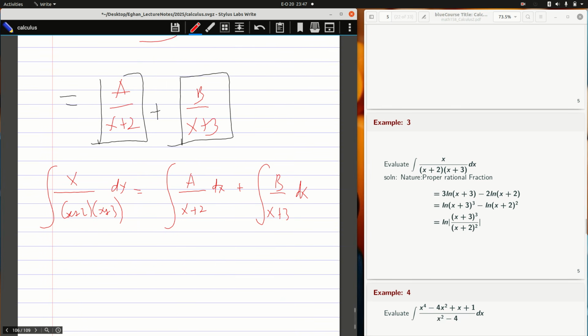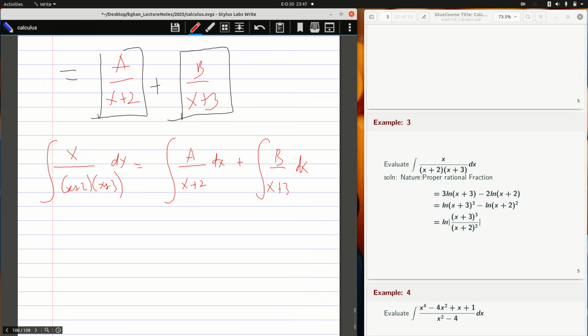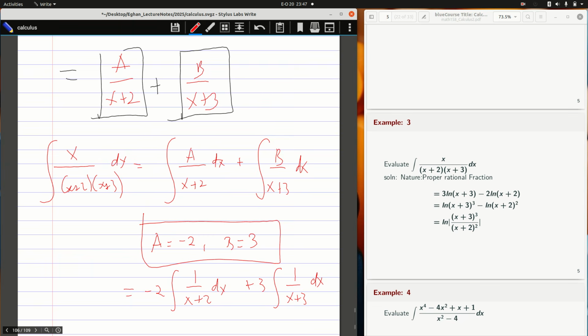From what I have here, it's as if I had a to be -2 and then I had b to be 3, and this is the same as -2 out, 1 over x plus 2 dx, and then plus 3 out, 1 over x plus 3 dx. Always go through the partial fraction for the unknowns and you'll be fine.